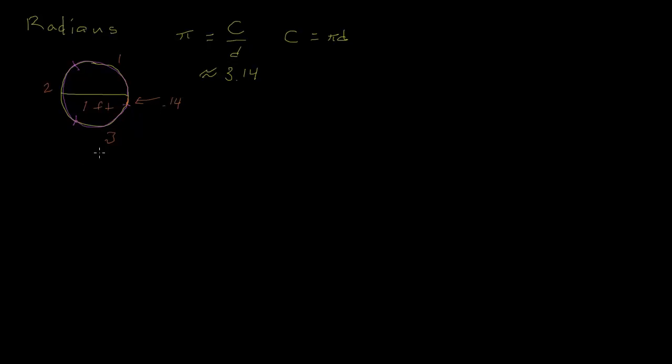Simple enough. Well, radians don't use diameters. For radians, we use the concept of a radius. Makes sense. And so another formula for circumference is pi times, and instead of diameter, 2 radiuses.